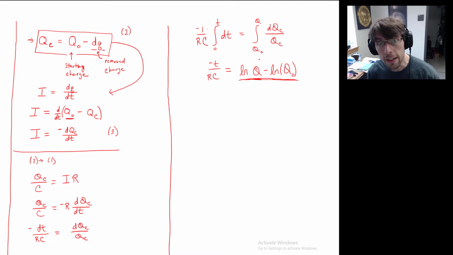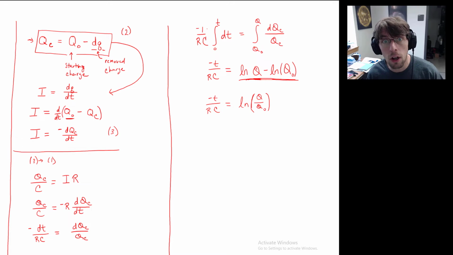When you have the difference of two logarithms, you can express that as a fraction. So we have negative t over RC equals ln of Q over Q naught. Remember, logarithms take division and turn it into subtraction.